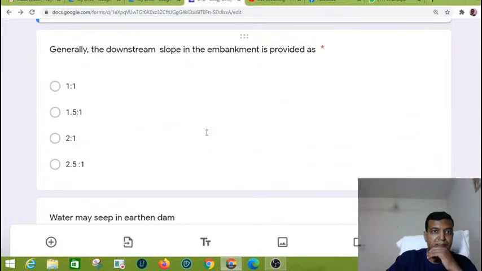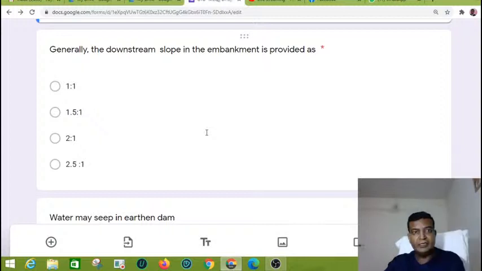Generally, downstream slope in the embankment is provided as 1 is to 1, 1.5 is to 1, 2 is to 1, 2.5 is to 1. I am waiting for 5 seconds.